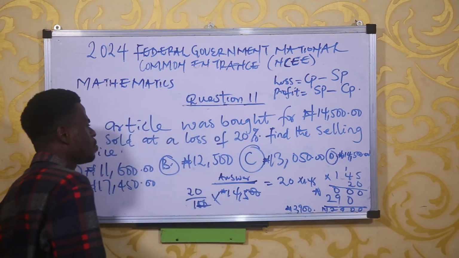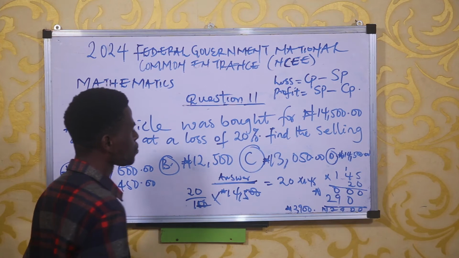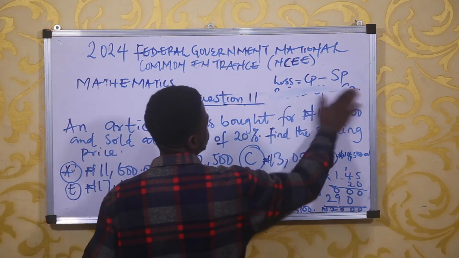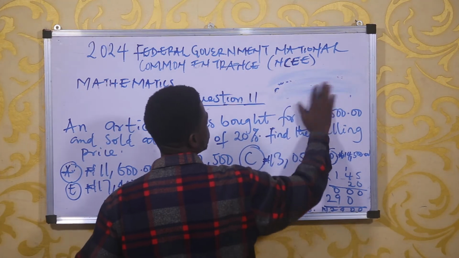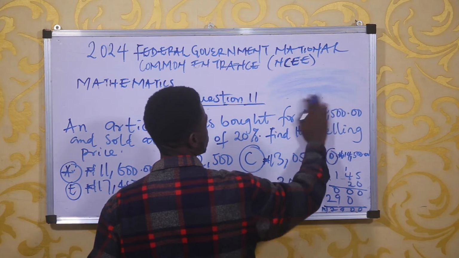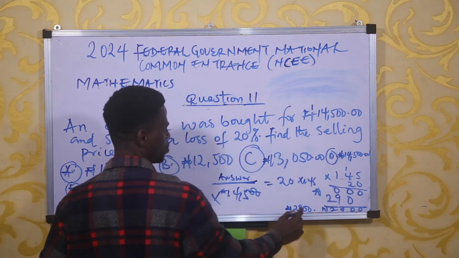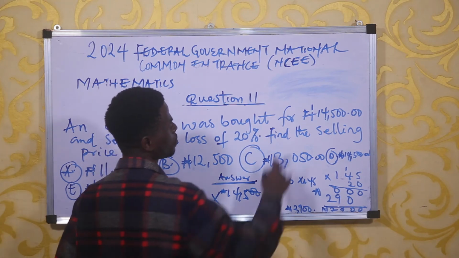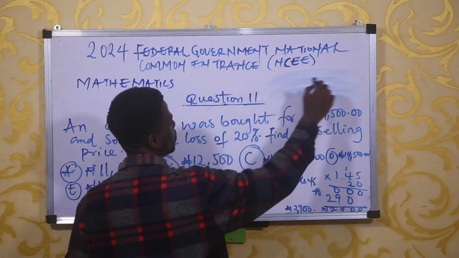Now we are to look for the loss. So we have 2,900. We are going to subtract this 2,900 from 14,500.